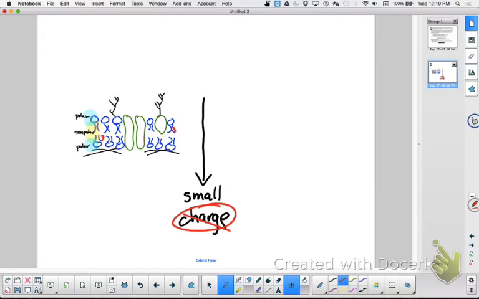Okay? Now, if it's going to go through the phospholipid bilayer, then what process is it doing? Starts with a D. Diffusion. Okay, so this would all be diffusion. If it's water that's doing the diffusion, what would we call it?